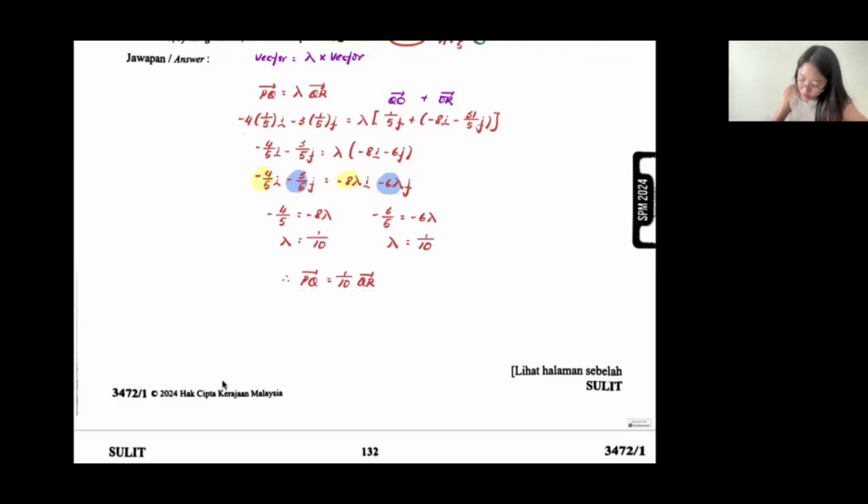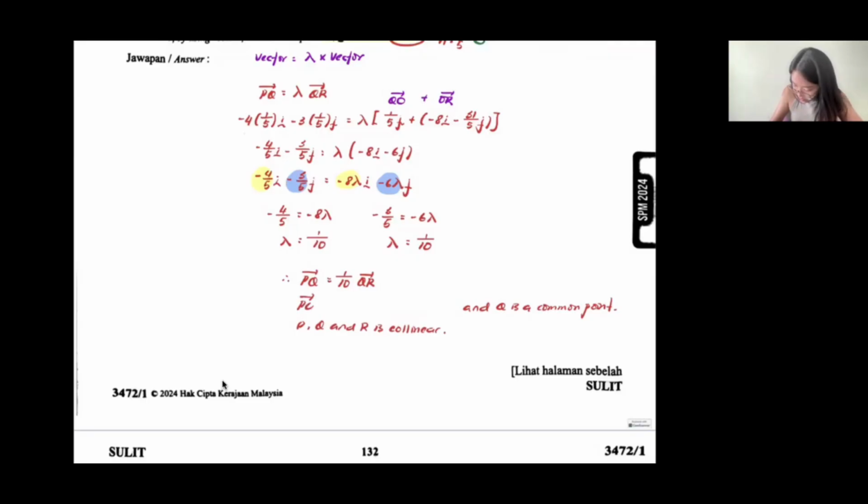So you will write here: PQR is collinear and Q is a common point. You need to have a common point over there, or you can say PQ is parallel to QR.